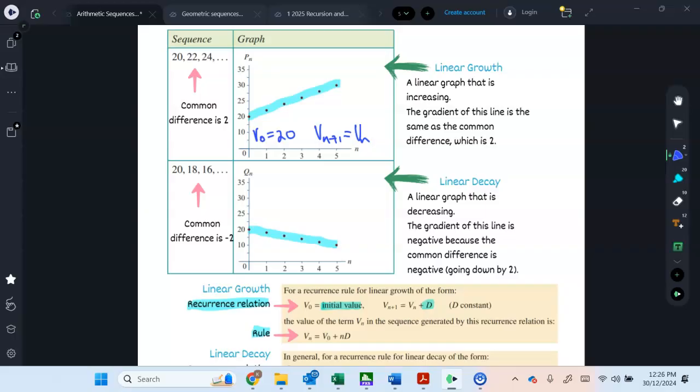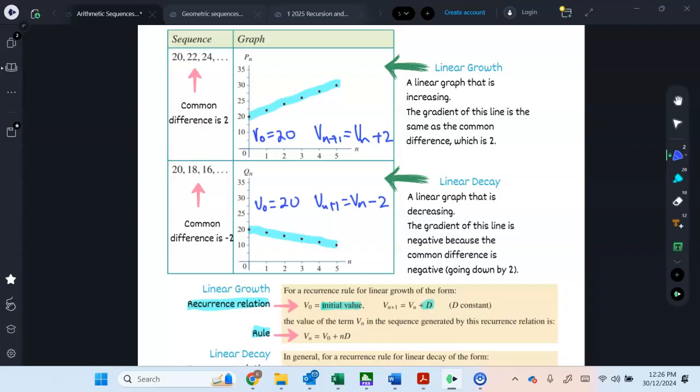For this example, it's 2, so it's going to be plus 2. For the second example, V0 is still 20, then we still have Vn plus 1 equals Vn, remember that's common to every recurrence relation, but this time our common difference is minus 2. We're going down by 2 each time.